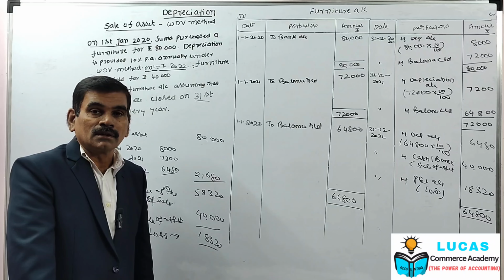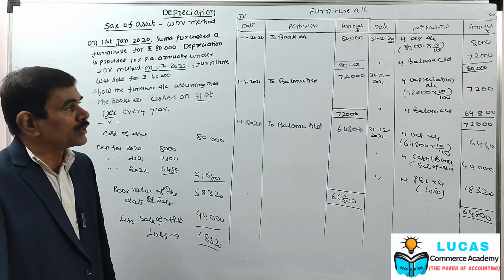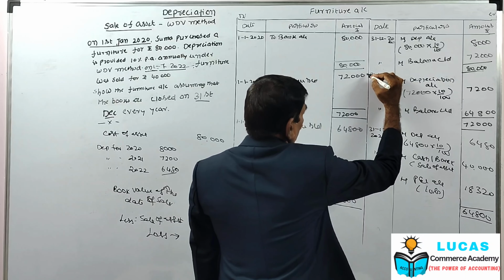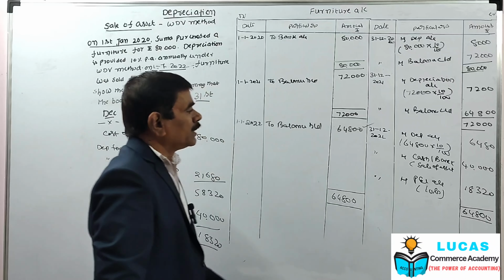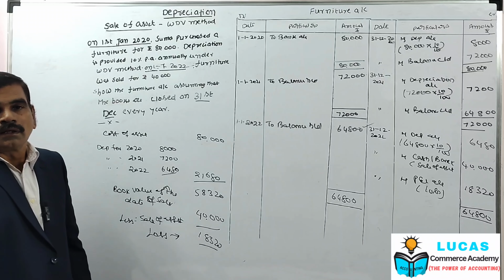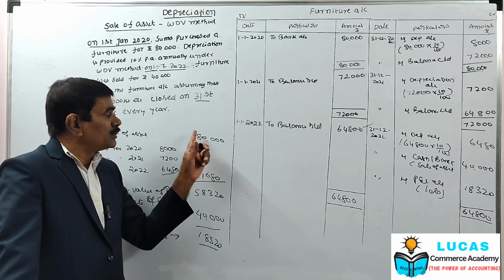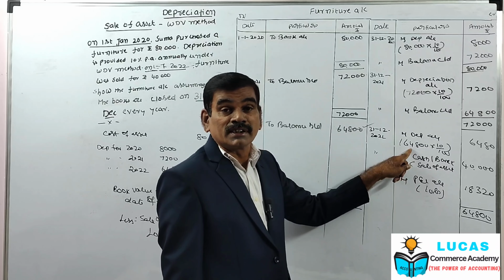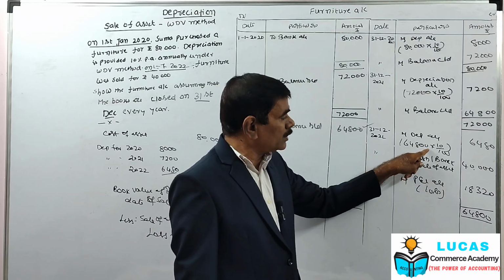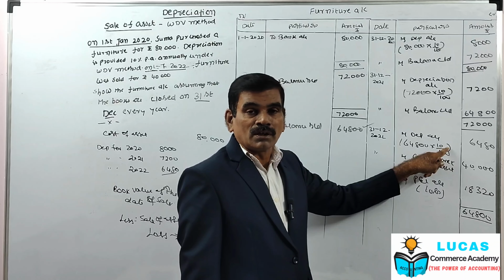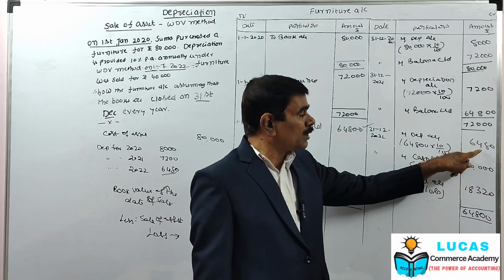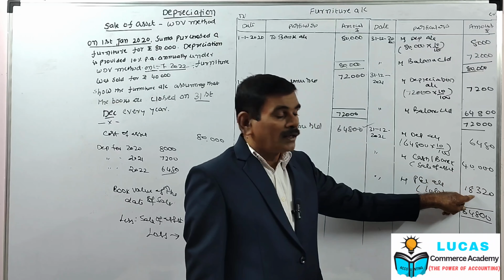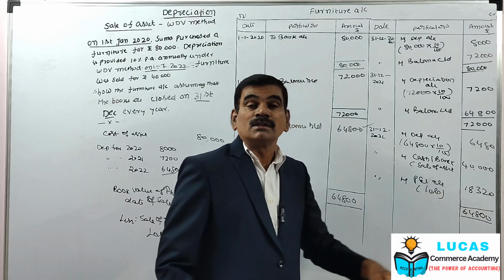In that case, how to prepare the furniture account? First year same, second year also same. Come to the third year. In the third year, the asset is used only for 6 months, so calculate depreciation only for 6 months: 64,800 into 10 by 100 into 6 by 12, that means 3,240. Then the journal entry for sale of asset in the usual manner. Then ascertain the profit or loss by balancing figure.